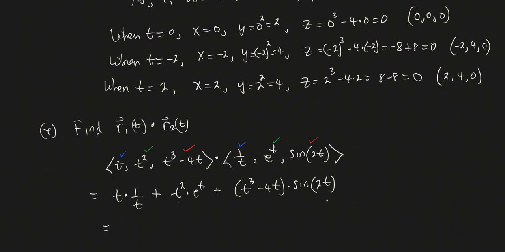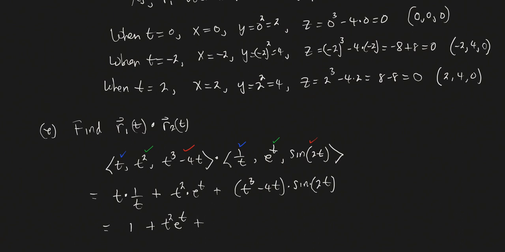Essentially, what we have now is a scalar, or we can call it a scalar function, because it is still dependent on t, but it no longer has components, right? So when we simplify t times 1 over t, we will get 1. And there's no real simplification that can be done for the other terms, so I'm just going to bring those down. We have our t squared e to the t.